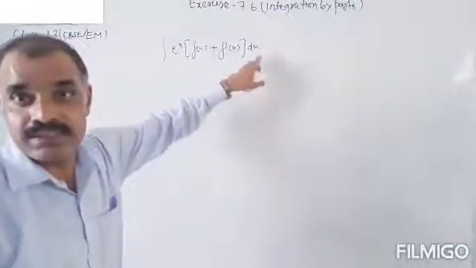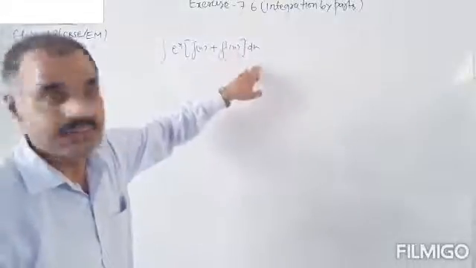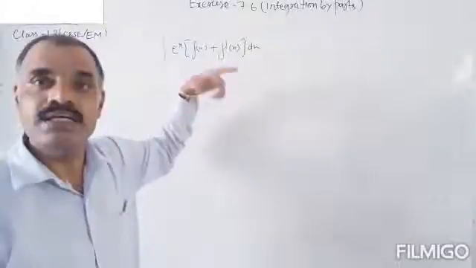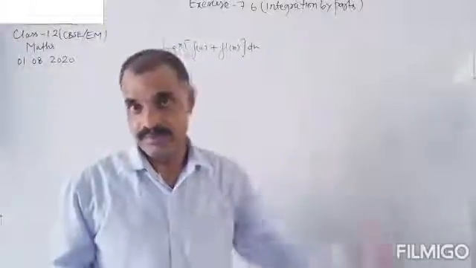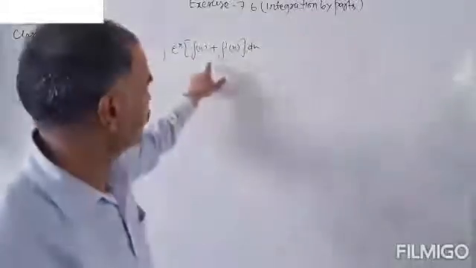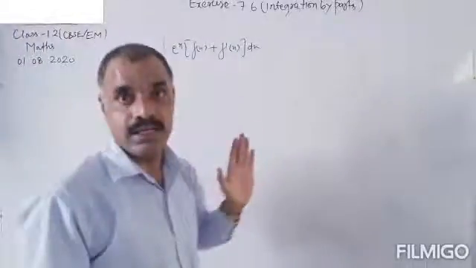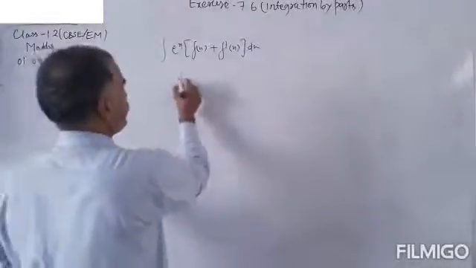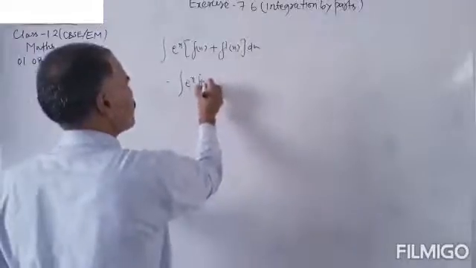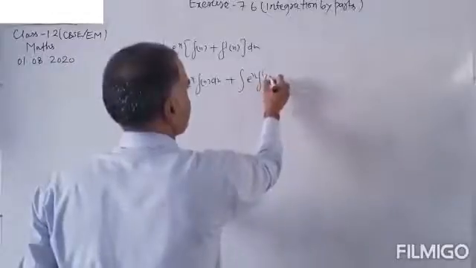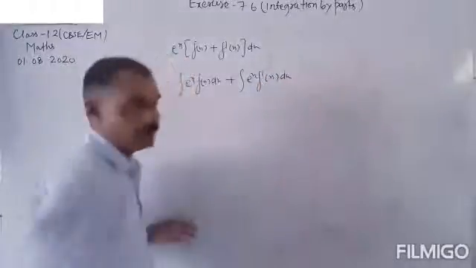Two functions are there, function x and function dash x. So function x is the function and function dash x is its derivative. So function x plus function dash x multiplied by e to the power x dx can be written as e to the power x function x dx plus e to the power x function dash x dx.